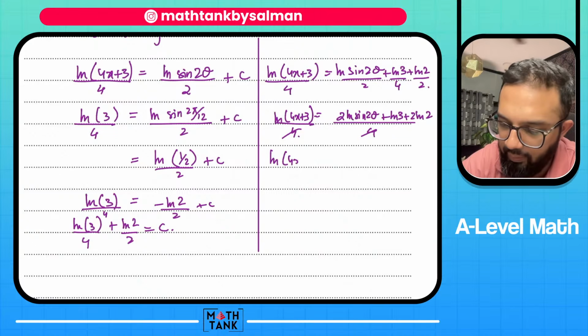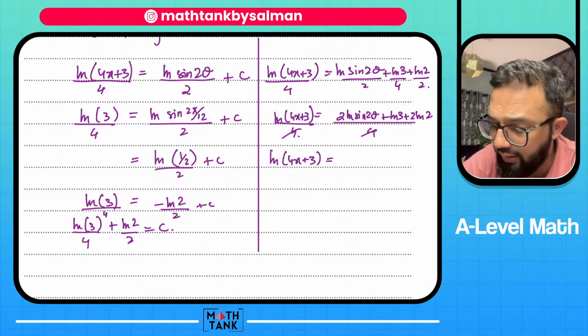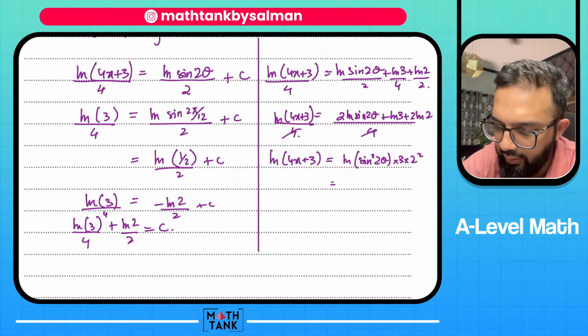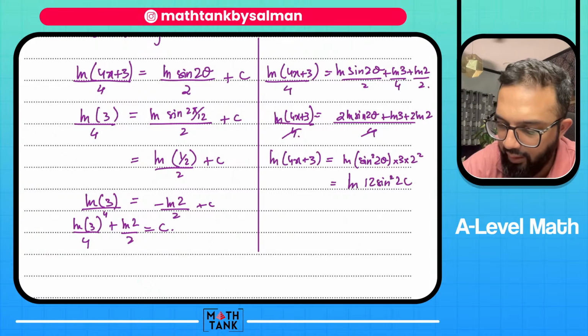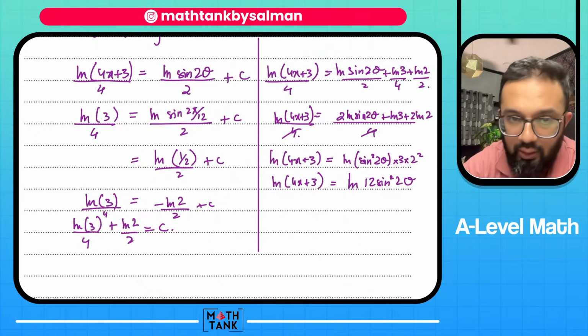So ln(4x plus 3), and then I combine all of those ln's. So ln of sine squared 2 theta times 3 times 2 squared. That's ln of 12 sine squared 2 theta and ln(4x plus 3).